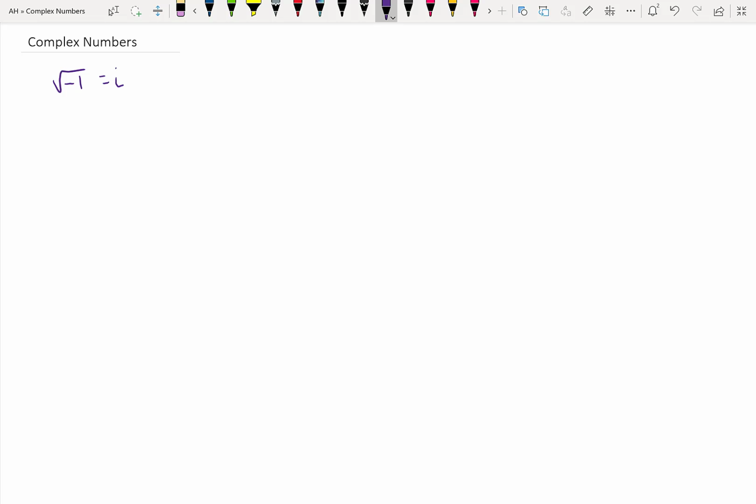So just to keep that going, if we think about what happens if we've got i squared, then that would be the square root of -1 times the square root of -1. So that just gives me -1. If we want to do i cubed, then that is the same as i squared times i, and so I end up getting minus i.